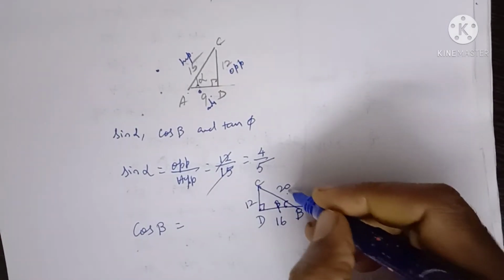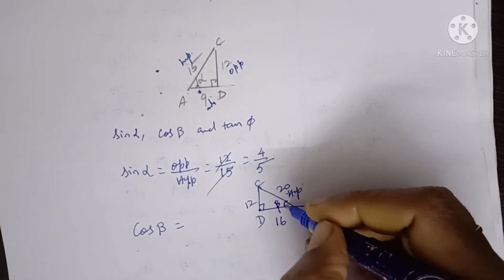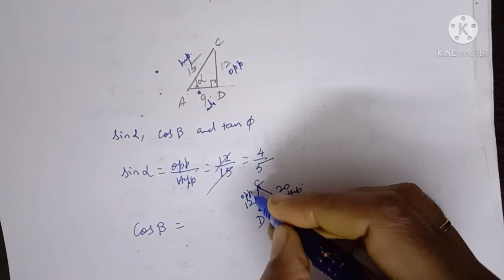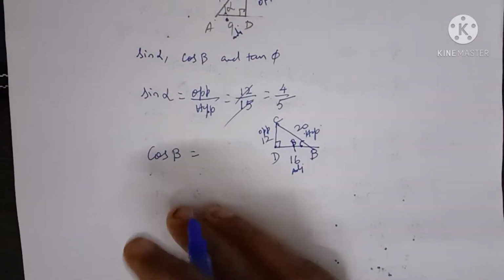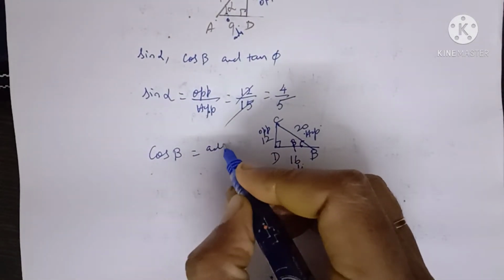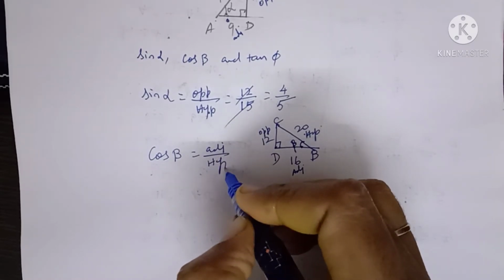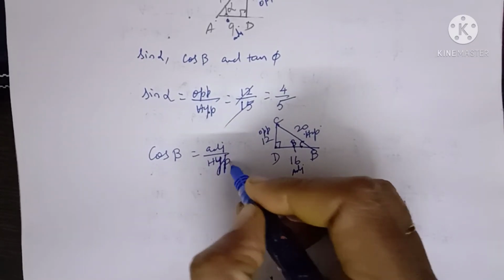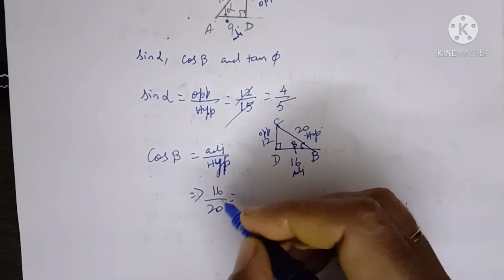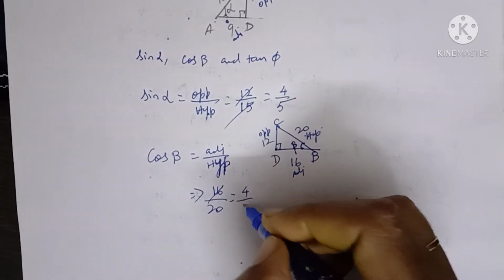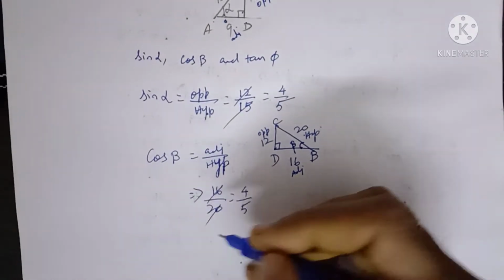Opposite to 90 is hypo. Opposite to beta is opposite side and this is your adjacent side. Therefore cos beta is equal to adjacent by hypo. Adjacent is 16, hypo is 20. Cancel in 4 table, 4 times, 5 times.